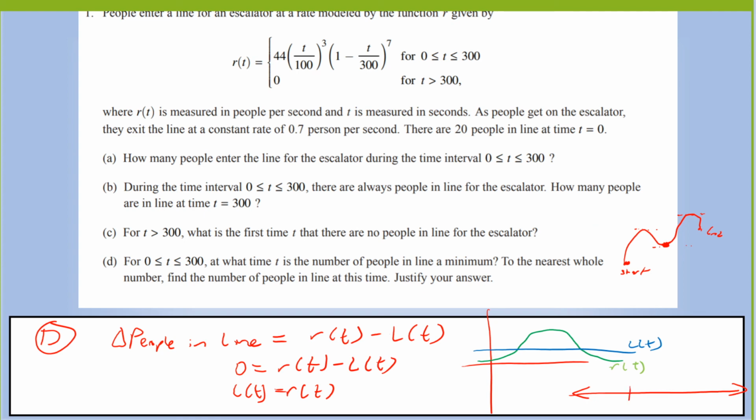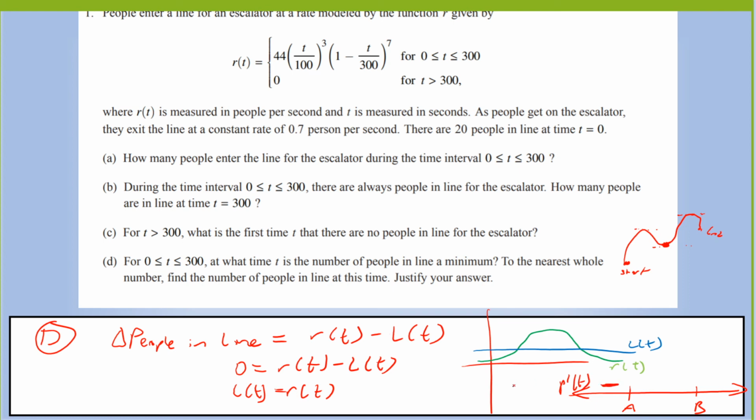So for my first derivative test at our two critical points A and B, looking at our change in people, so that's P prime of t. For this first part, RT is less than LT, so should my people in line be positive or negative? Negative.